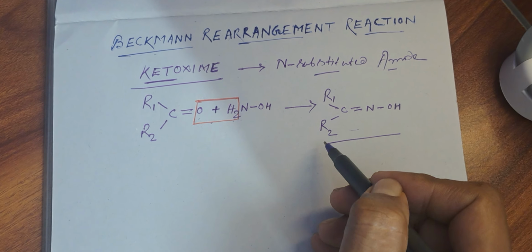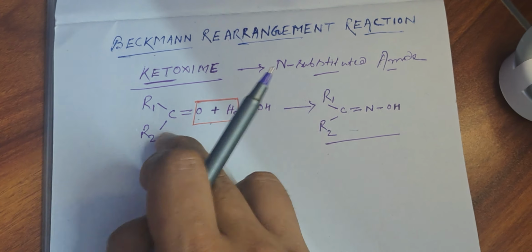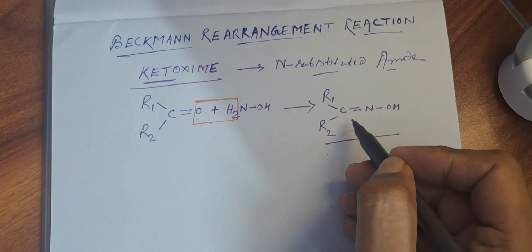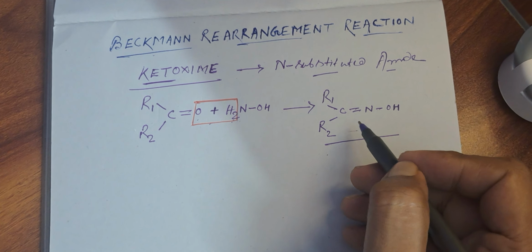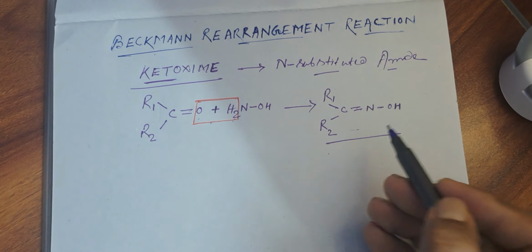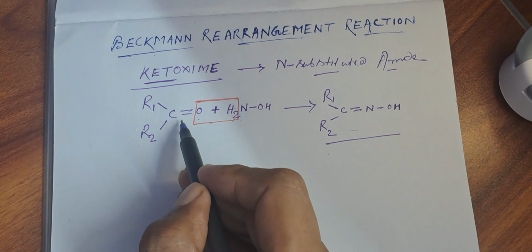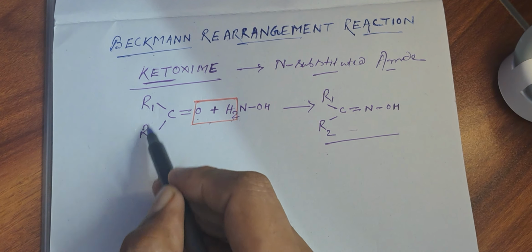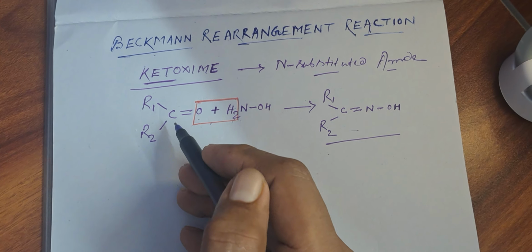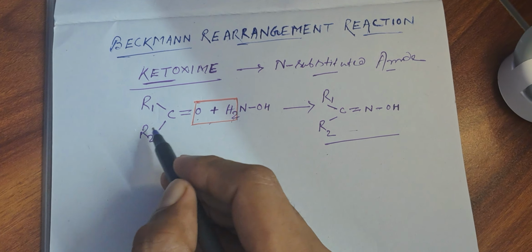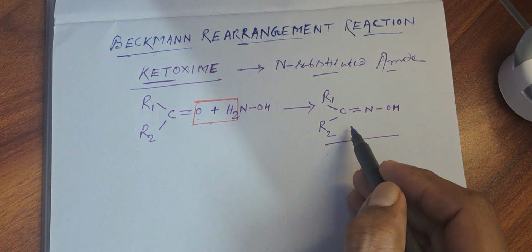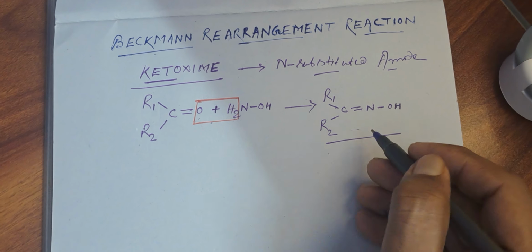media. As a result, from both the fragments a connection was built, and that connection eventually gave rise to the formation of oxime. So this is ketoxime. Suppose you started with an aldoxime. Aldoxime means not a keto, rather one of the R is a hydrogen. When your starting material is an aldehyde, the same reaction will proceed, but instead of ketoxime you get aldoxime.